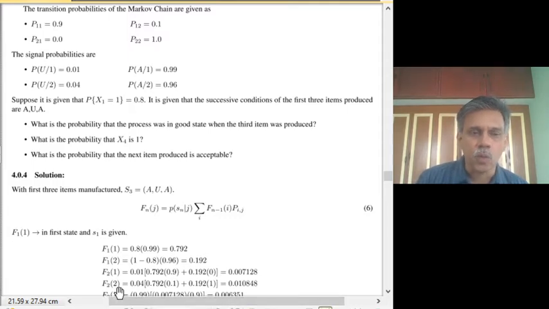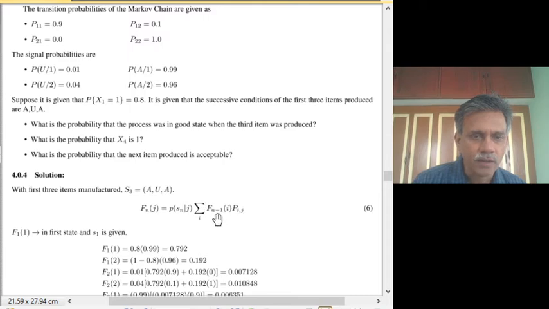F22 is, you are in state 2 at time 2, and the item that is manufactured is unacceptable. So here we put unacceptable given 2, which is given here as 0.04. So that is the factor that we have to put here.